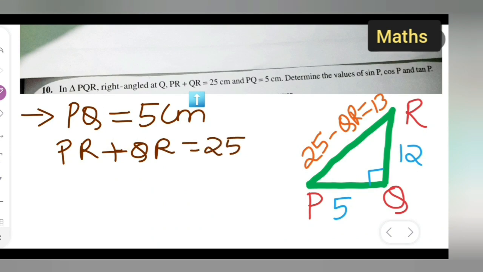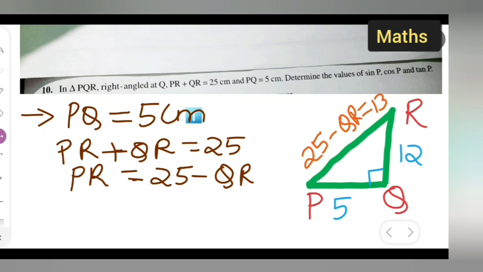In the question it is given, right? PR you can keep as it is, equal to 25 minus QR. So what I have done here is I have kept PR as it is, and QR I have taken to the other side. So the plus sign will turn into minus QR when I take it to the other side.